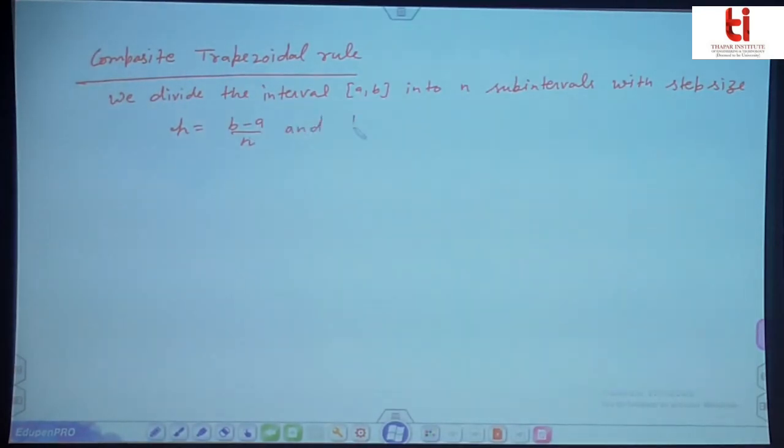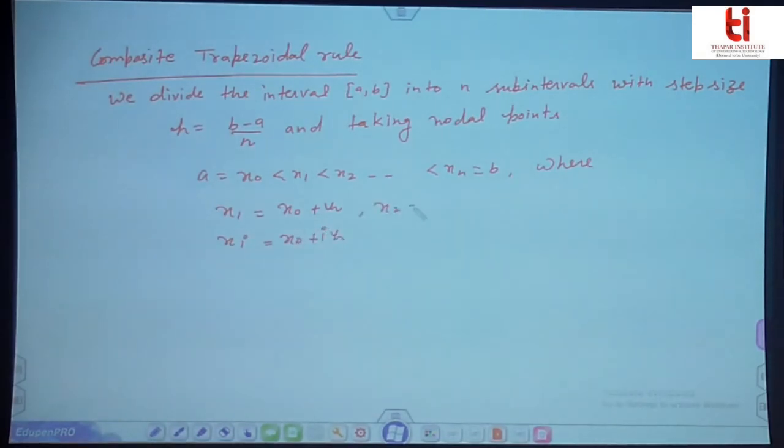taking nodal points a equal to x0, x1, x2 up to xn equal to b, where x1 is x0 plus h, and xi is equal to x0 plus ih.